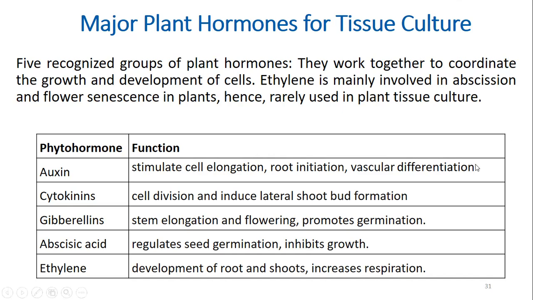Okay, so I did make mention of the fact that during tissue culture, differentiated cells are able to be regenerated into whole plants. However, they will have to be helped with the use of hormones, okay? Because as I mentioned, tissues or organs such as roots, shoots, and leaves will be able to regenerate into the same kind, which means if you take an explant of leaf, it should be able to be regenerated into leaf.